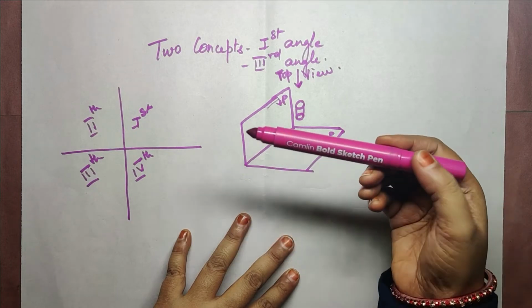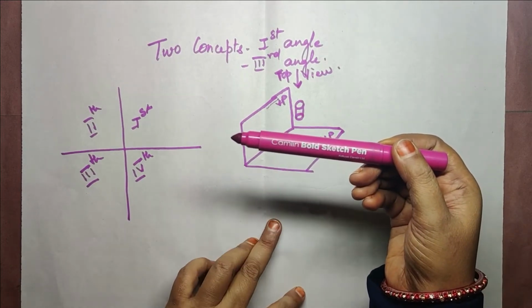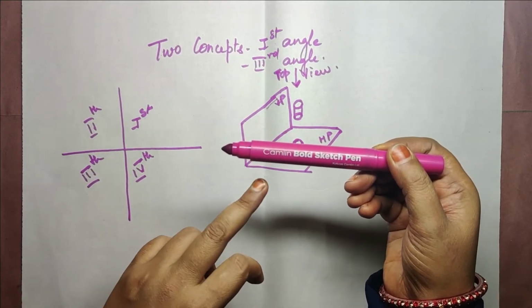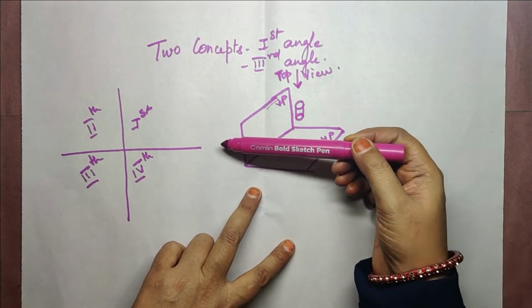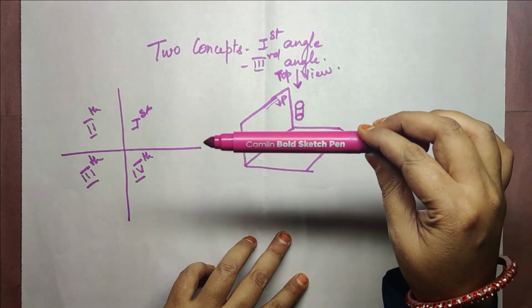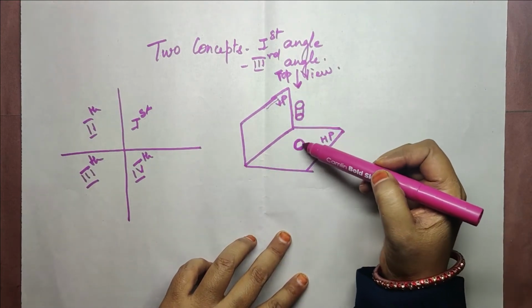So if I am placing the pen like this, you can see the pen on the paper, isn't it? You cannot see the distance between this pen and this paper. You can just see the view, the same view if I keep it here also, isn't it? So same principle, you can see only the circle.